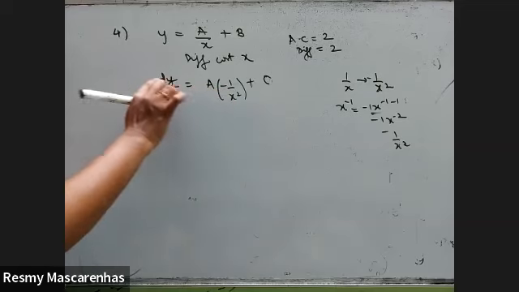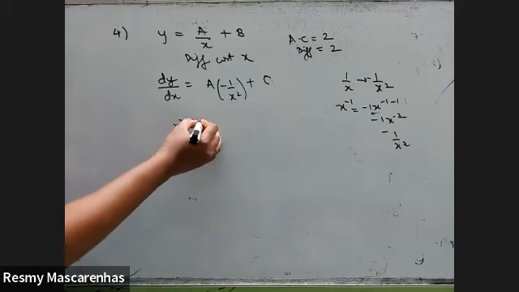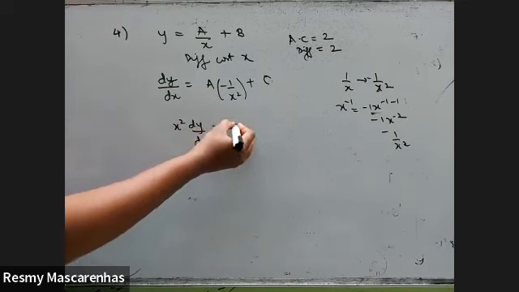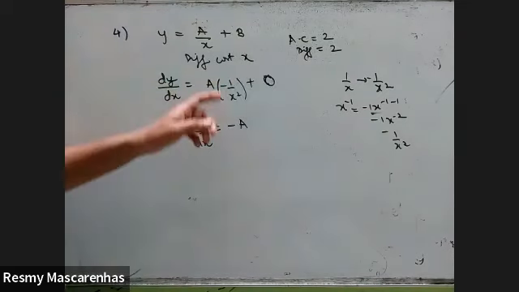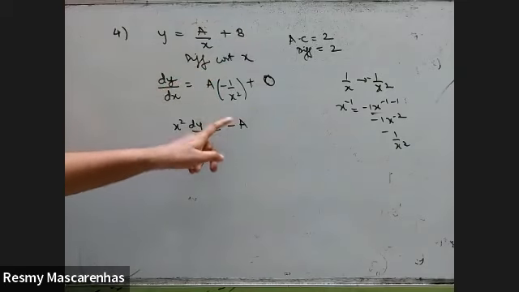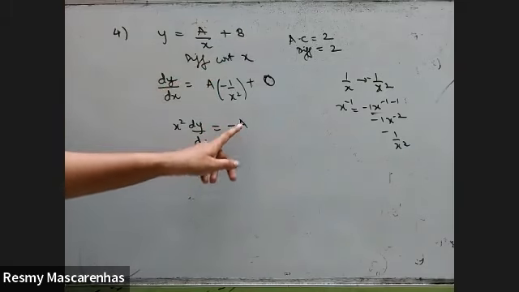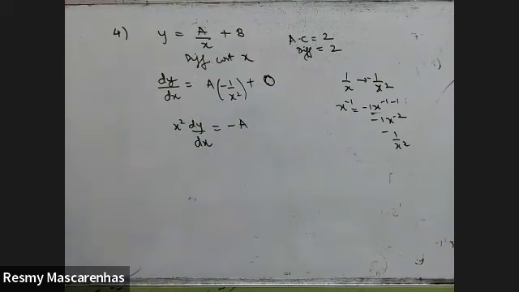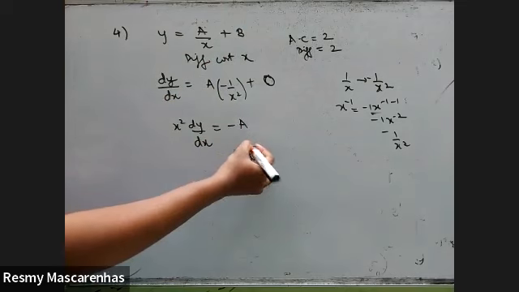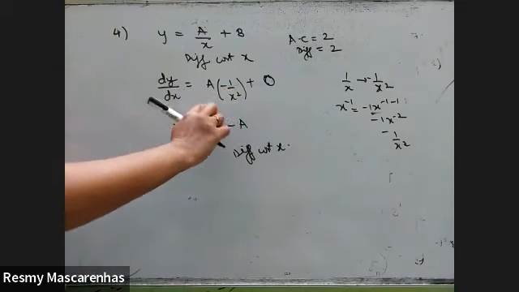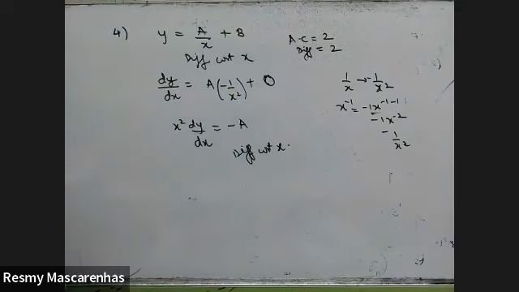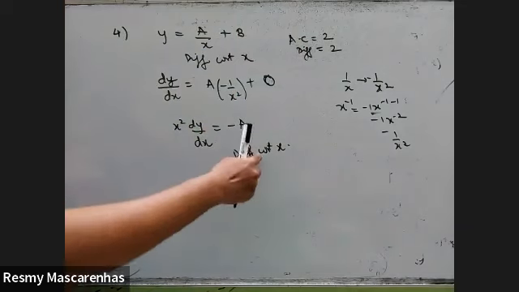So x square I'll take on the other side, and I'll keep minus a here only. This is anyway 0. So before differentiating, I just kept a single, so that when I differentiate, automatically this a will become 0. Otherwise, if I take like this only and distribute, again we'll have to do the substitution like question number 3. Best option is keep this single and then differentiate.